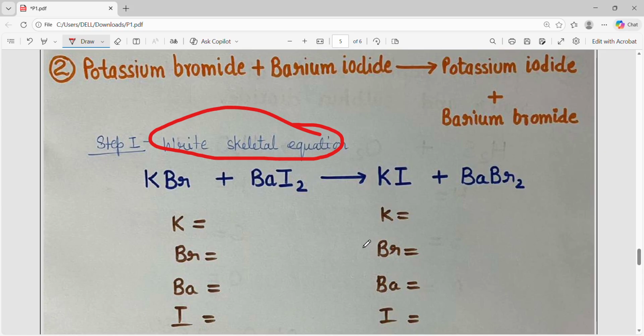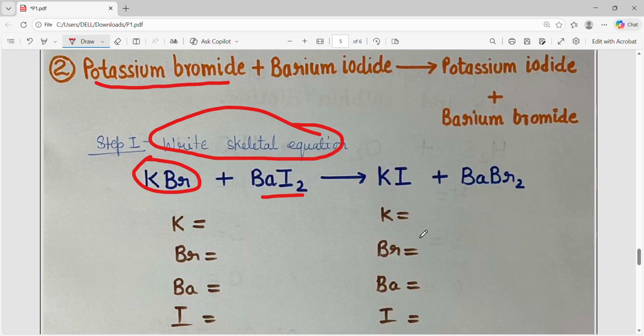For that you have to revise chapter number 4 of the grade 9 CBSE books and many other books, in which you have studied how to write chemical names and formulas together. So potassium bromide is KBr, barium iodide is BaI2, as the valency of barium is 2, potassium iodide is KI, and barium bromide is BaBr2.